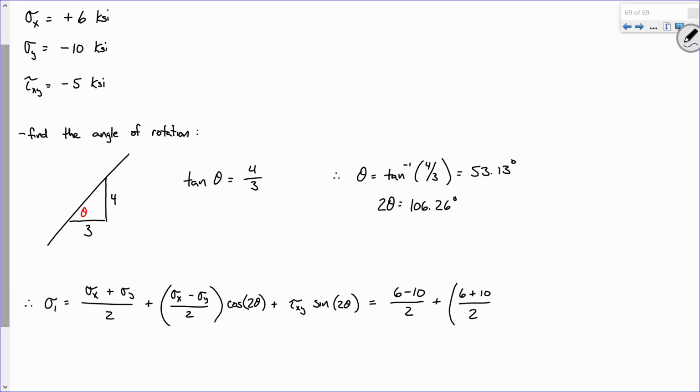So negative 10 KSI. So if I had sigma x plus sigma y, it's going to be 6 minus 10. Everybody okay with that? Times the cosine of 106.26 degrees, plus minus 5 sine 106.26 degrees.